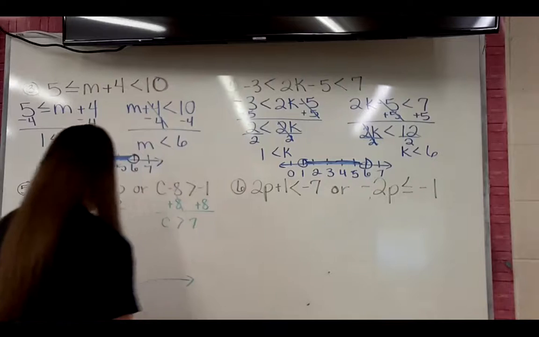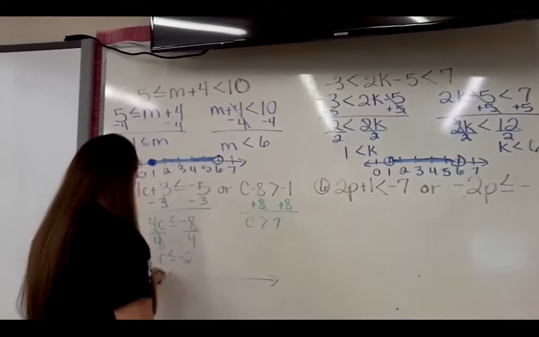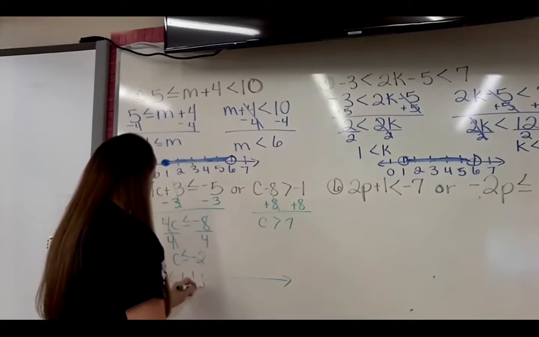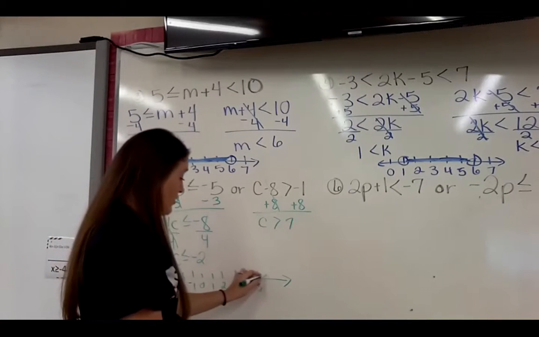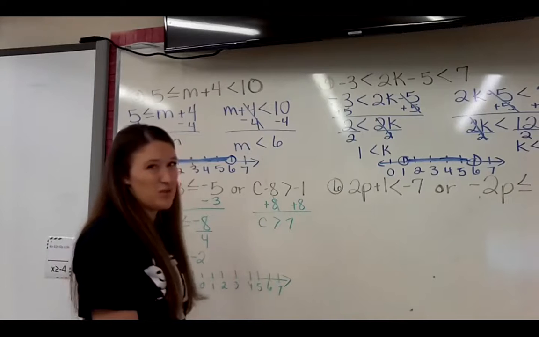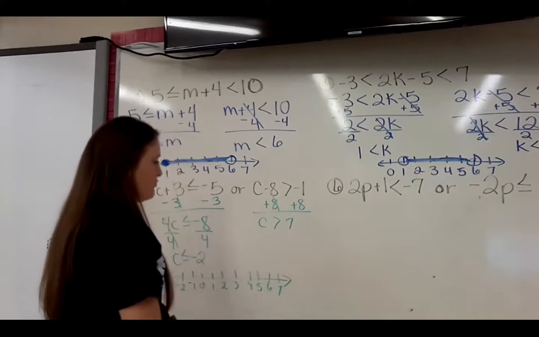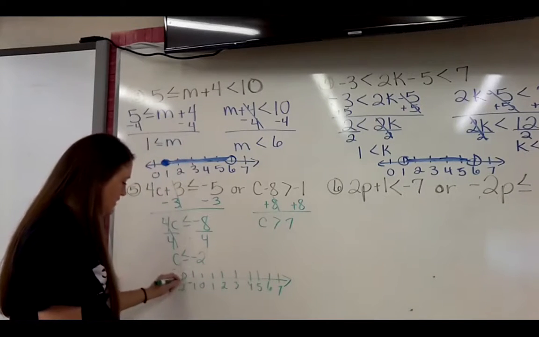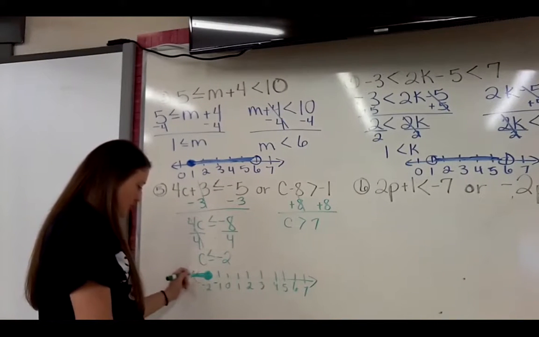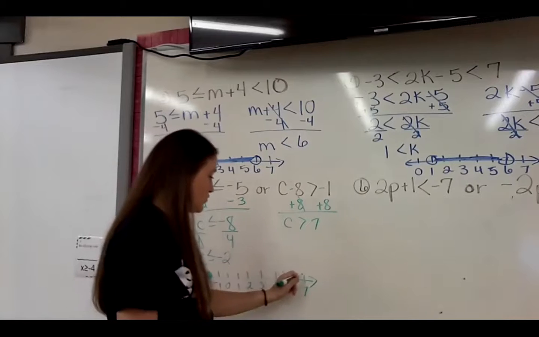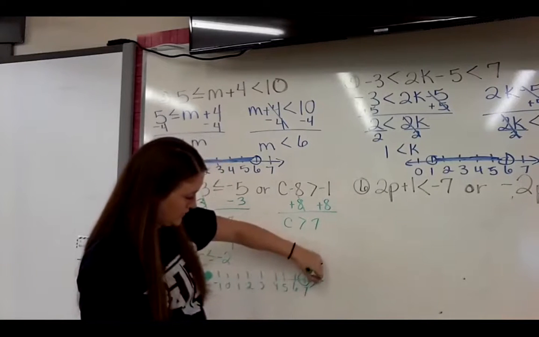So this one, I've got quite a bit to do on this number line. If they start getting really far apart, we may count by 2s or something, but those weren't too terribly far apart. I could still fit them both on there. So this one is a filled-in circle, and c is getting smaller. And then c is greater than 7, open circle, and it's going this way.